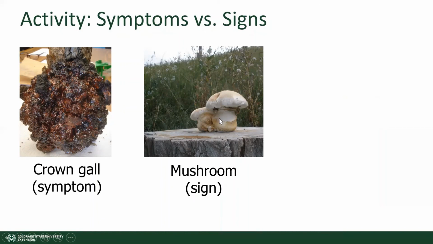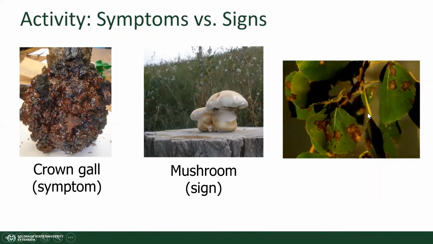Signs, because this is the actual fungus. And we have this last picture of necrosis. So this is a necrosis or necrotic leaf spot, which is also a symptom. You are not looking at any pathogen in there. Now, if you look under a microscope, you might be able to see those fruiting bodies that I was saying are embedded, but just with our naked eye, we're just looking at a symptom in that case.